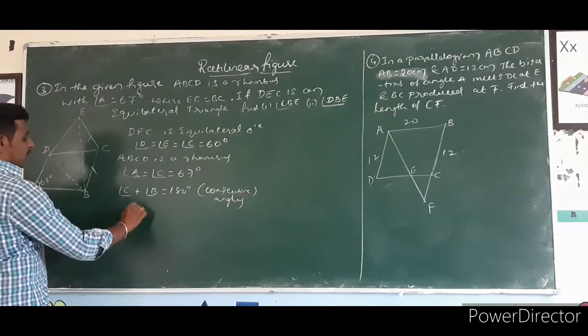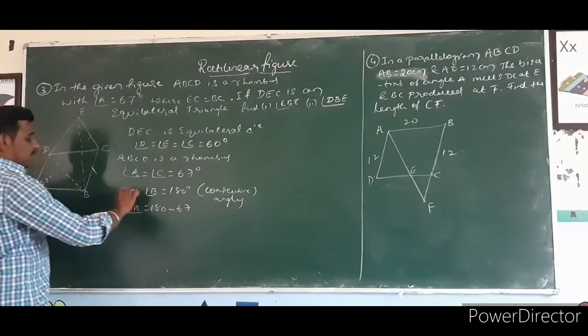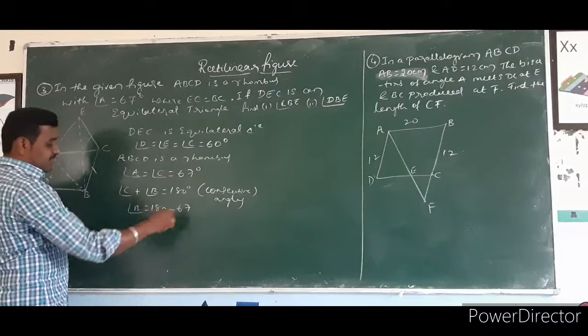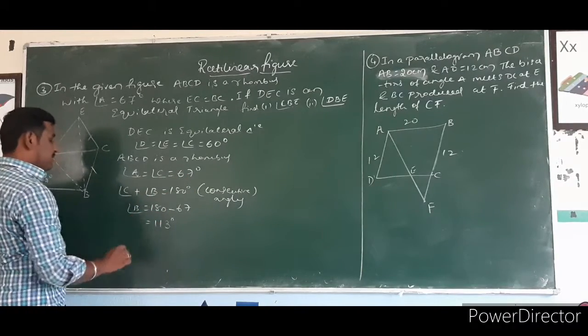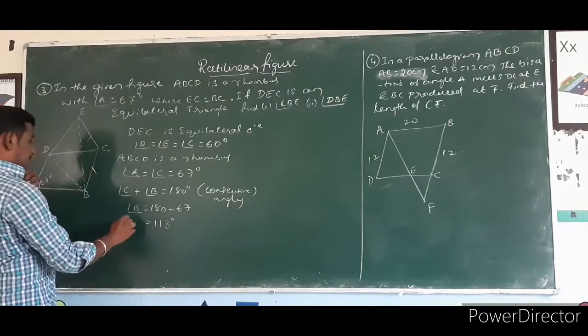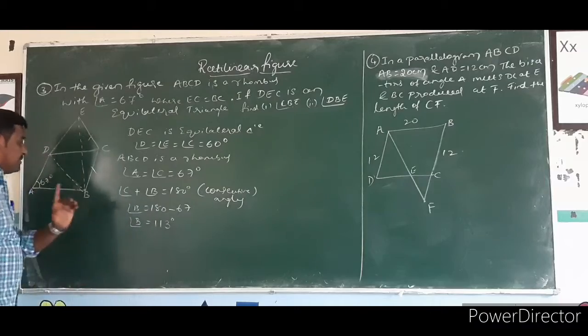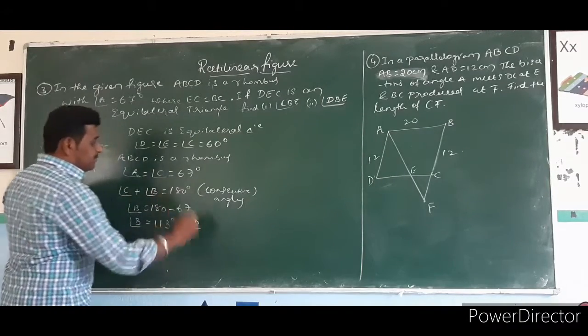So angle B is equal to 180 minus 67, which is 113 degrees. Angle B equals angle D.